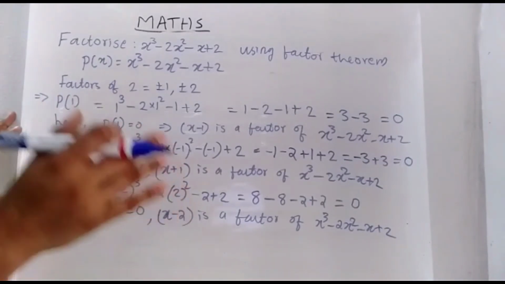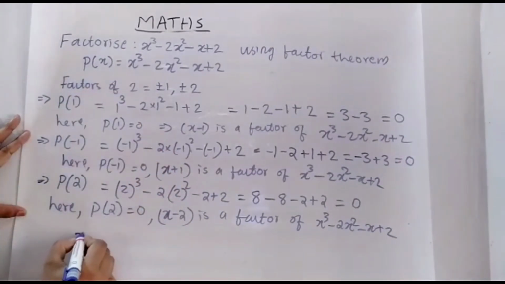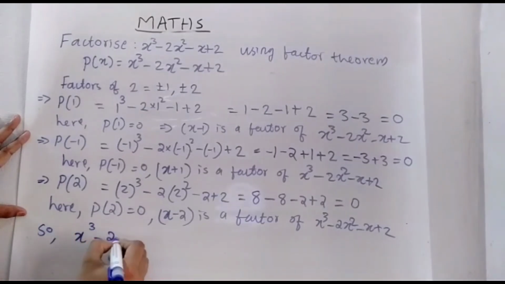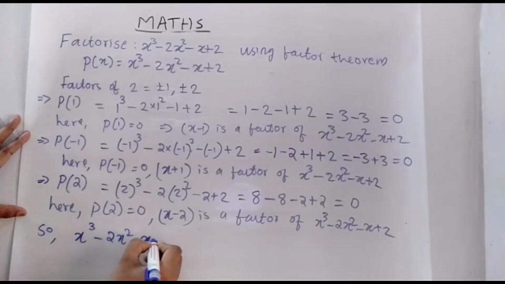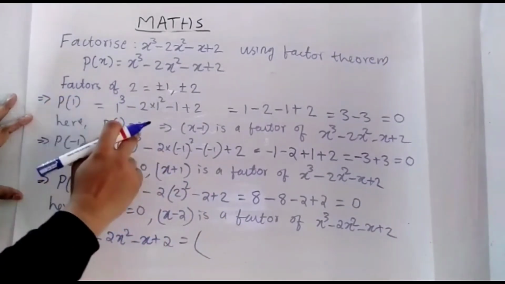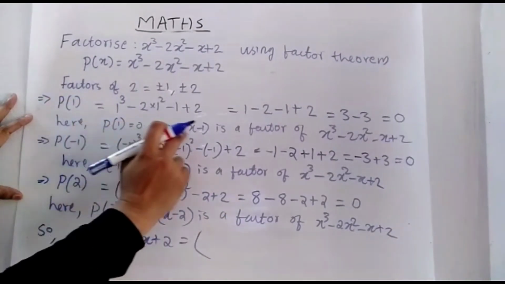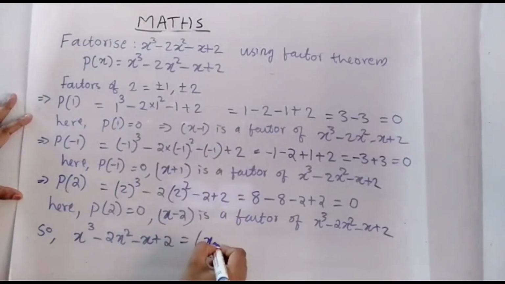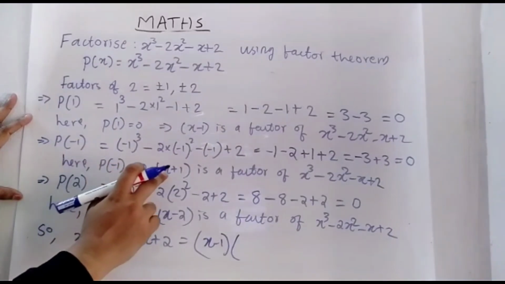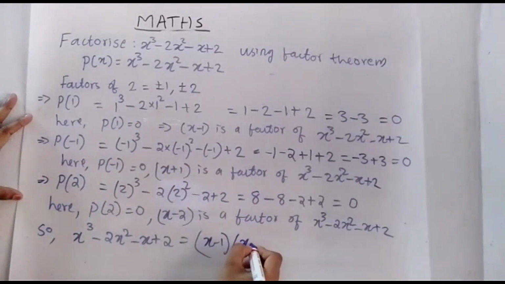So let's conclude. We can write x cube minus 2x square minus x plus 2 is equal to what? Which are the factors? P of 1 is equal to 0, so x minus 1 is a factor. P of minus 1 is 0, so x plus 1 is a factor.